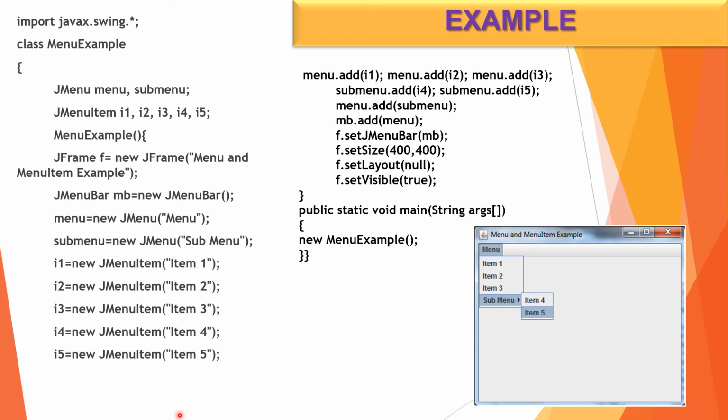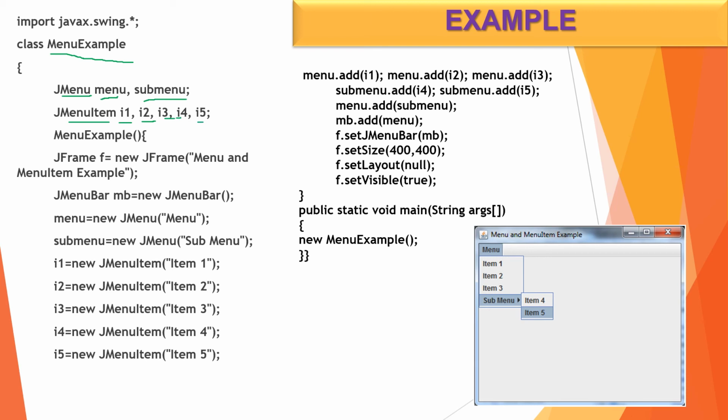Now this is an example of our menu example. Here you can see the menu example, and it contains several things we can declare here: JMenu, that is the menu, and the submenu. The JMenuItems are five items we can display here: I1, I2, I3, I4 and I5.